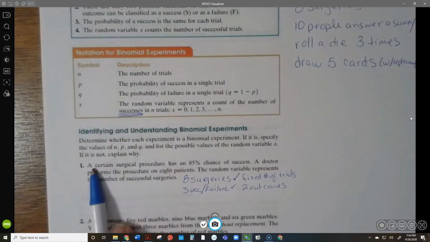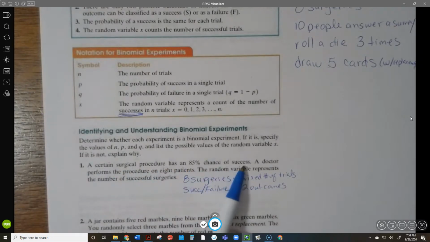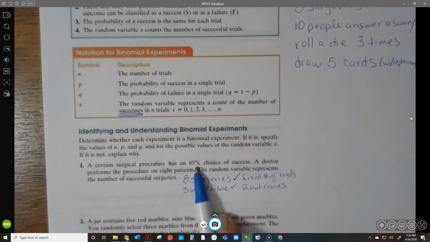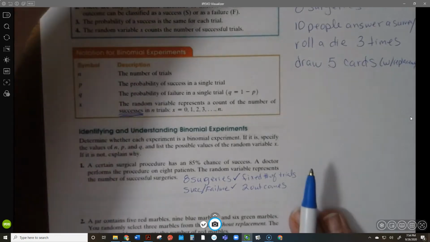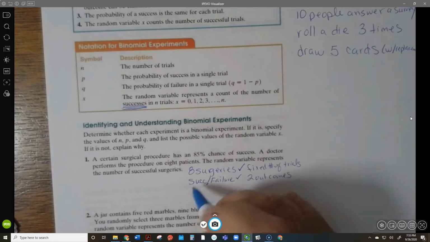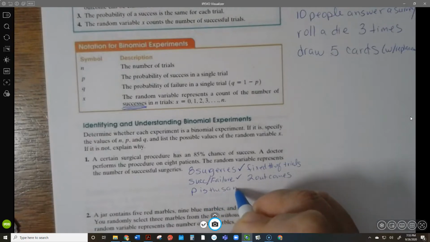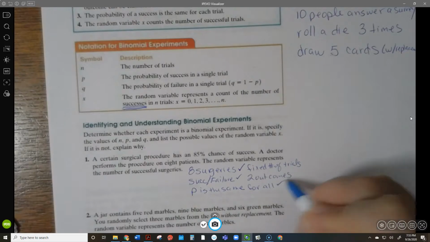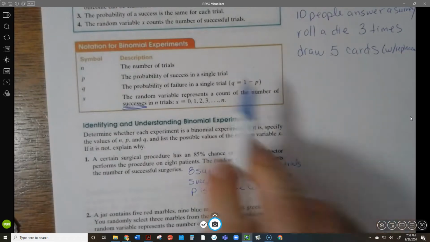So here it says a certain surgical procedure has an 85% chance of success. And what happens in the first surgery has no bearing or effect whatsoever on the second one. So p is the same for all. Okay, so that is a check.